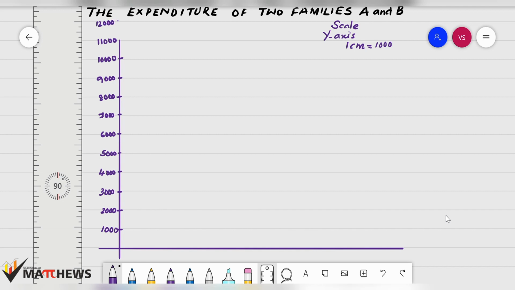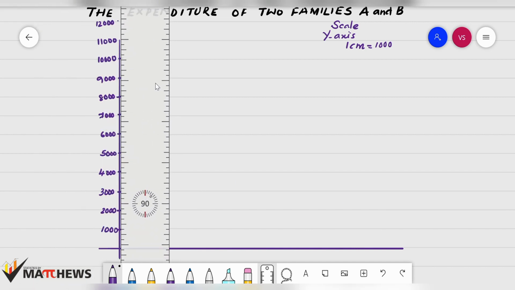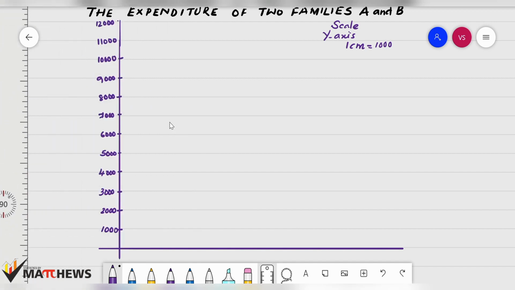Okay, I will join this. So this is what we have for the y-axis. So on the y-axis, this is all about expenditure in rupees. Okay. So 1000 to 12,000, till there we have done.